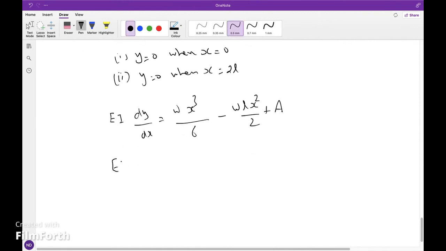So again integrating, EI y is equal to omega x power 4 by 4 into 6, so 24, minus omega L x cube by 6, plus Ax plus B.